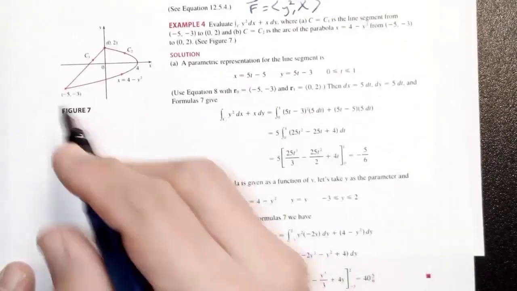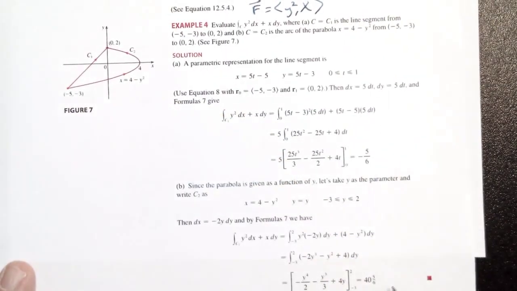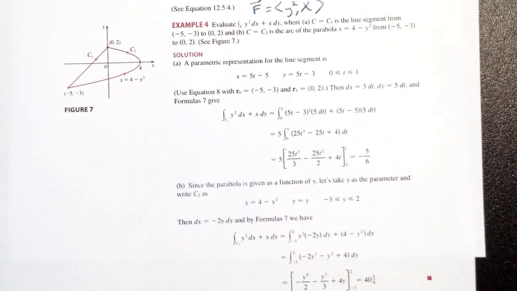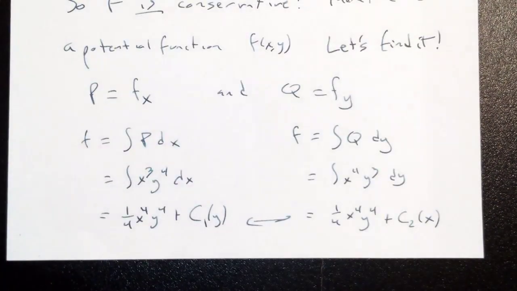And notice, when we did the integral two different ways, we got two different answers. This was not independent of path. The reason it wasn't independent of path was because this isn't conservative. The fundamental theorem for line integrals makes my life a crap ton easier.